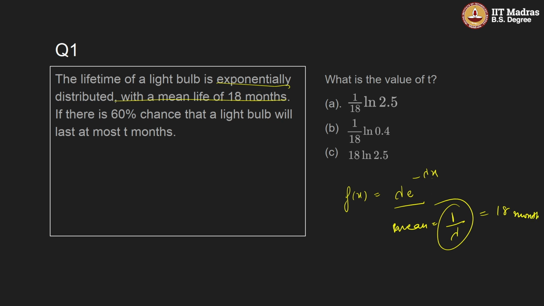Fine. Now, if there is a 60% chance that a light bulb will last at most t months, let us represent x as the lifetime of a light bulb.